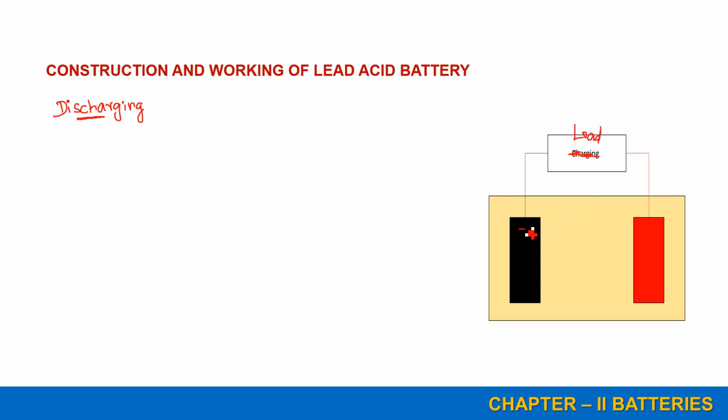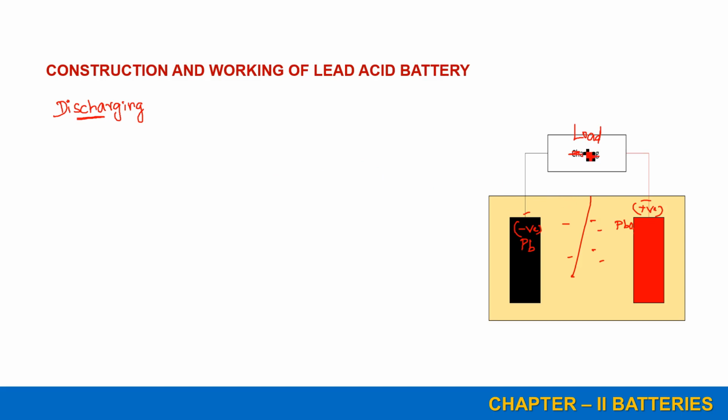This is the negative electrode and this is the positive electrode. Here I am taking lead peroxide as the anode, and sponge lead as the cathode. The electrolyte and the separator are also available. In the discharge condition, the load will be connected between these two terminals.